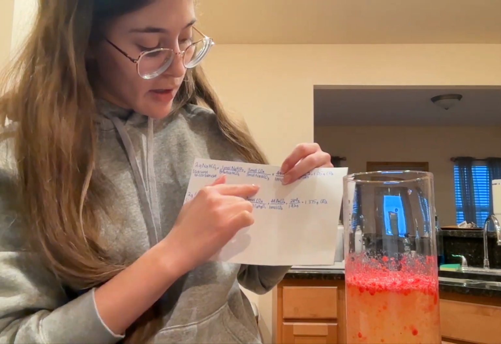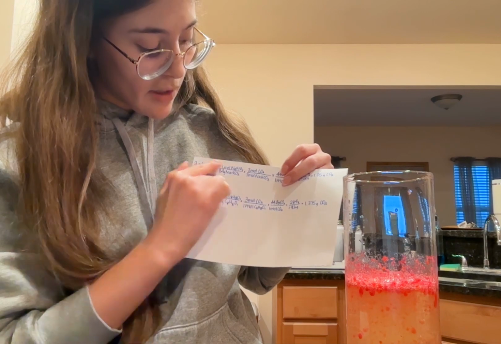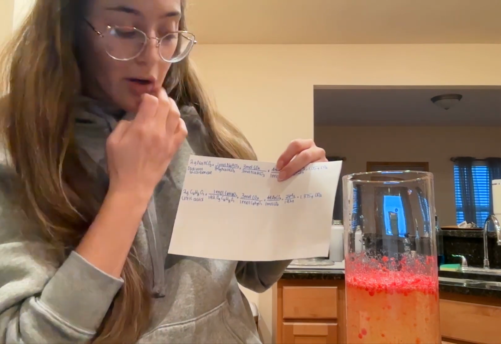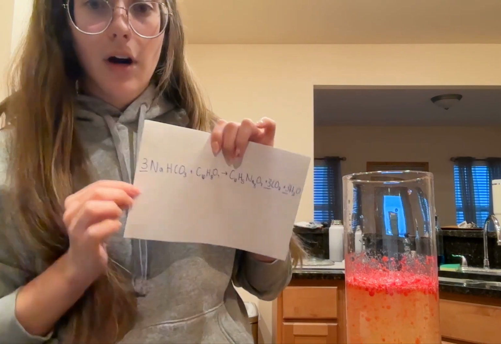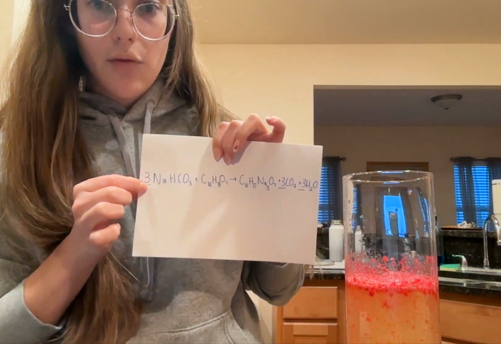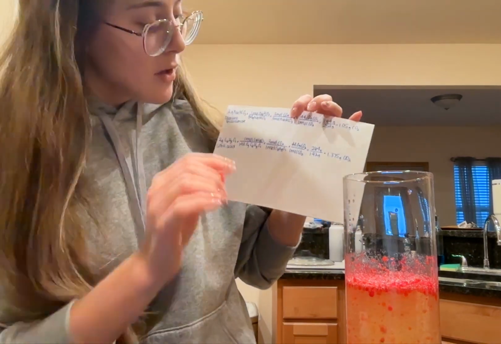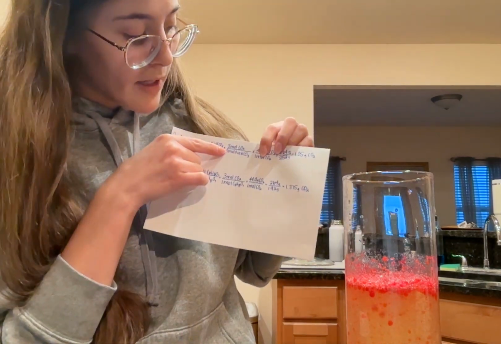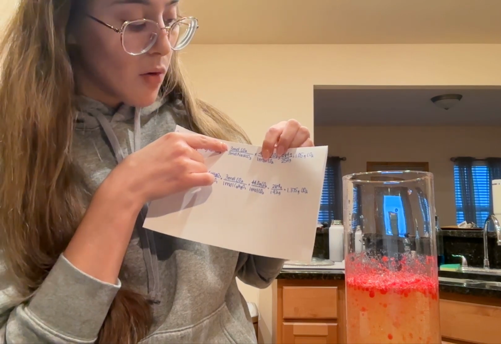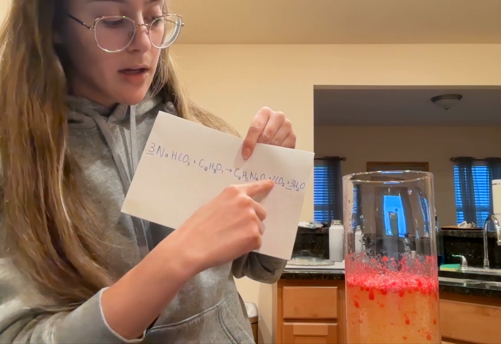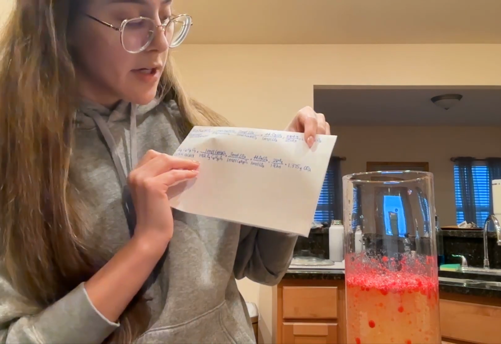And we set this up to be 1 mole of sodium bicarbonate on the top and 3 moles of sodium bicarbonate on the bottom. We get that from our original equation, where we have 3 moles of sodium bicarb. So 3 moles of the sodium bicarb equals 3 moles of the carbon dioxide, which again, if we go back to our equation, we can see is where it is yielded.